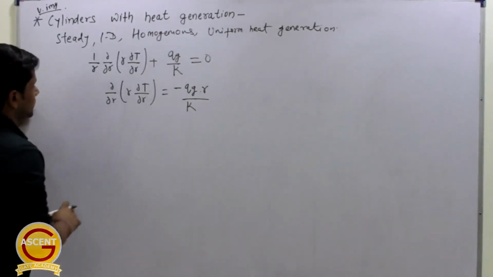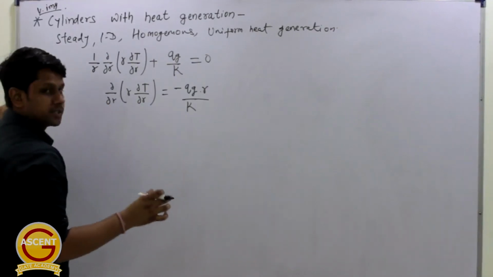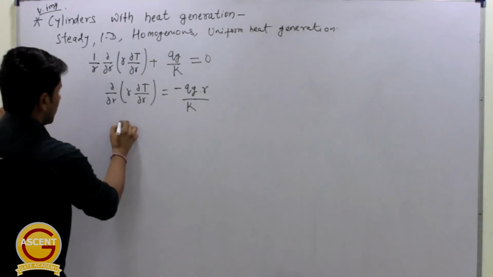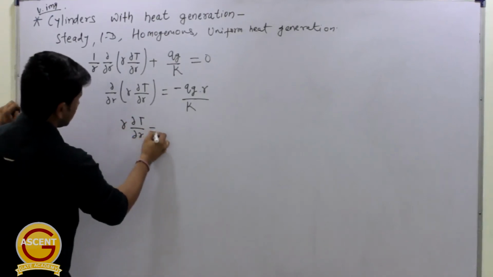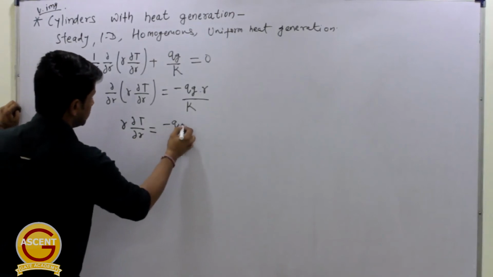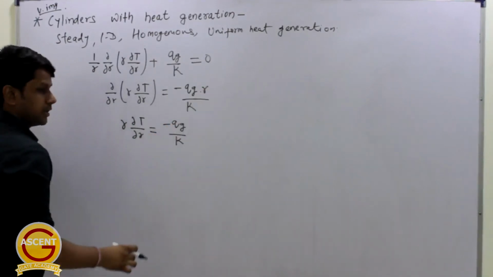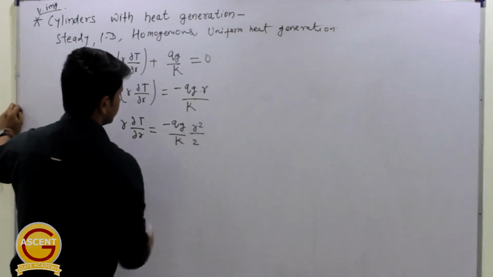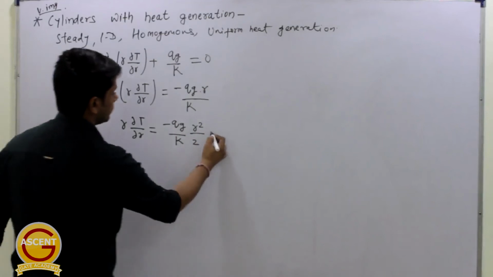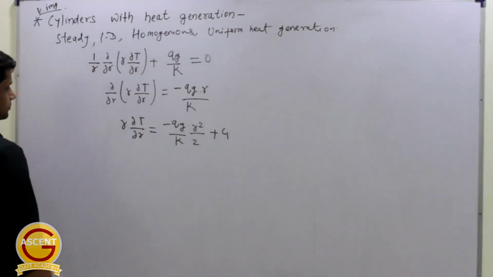On first integration, what do we get? So this del by del R we are integrating with respect to R, so it will become R del T by del R will be equal to minus Qg by K is a constant, and integration of R in terms of R will be R square by 2, and there will be some constant C1, right.